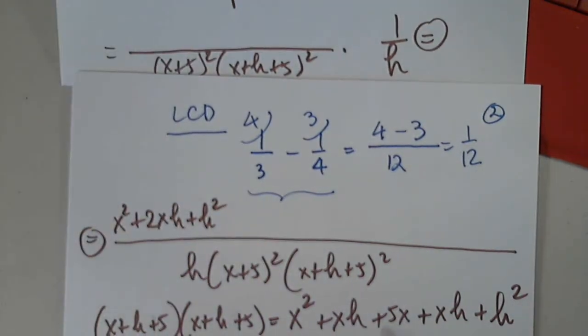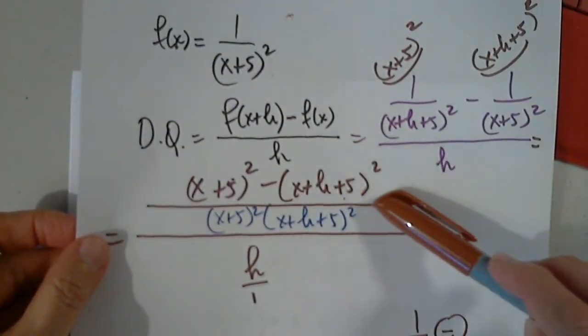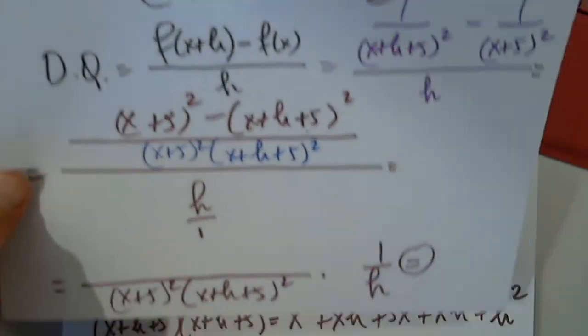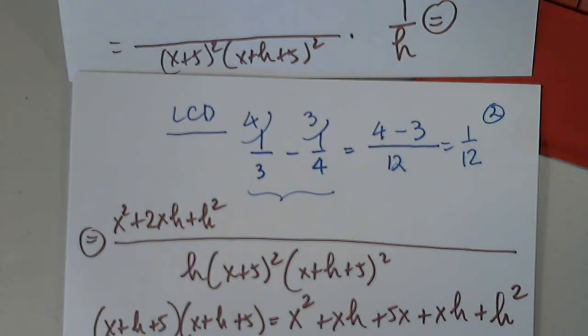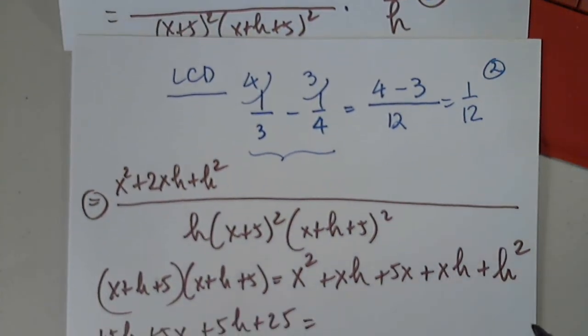So x squared plus xh plus 5x plus xh plus h squared plus 5h plus 5x plus 5h and plus 25. So finally, this is squared. Now I have to distribute -1 to all terms. Let's combine like terms first. So x squared is by itself.